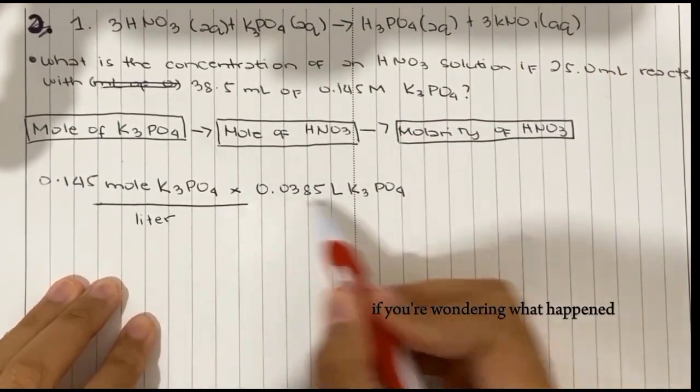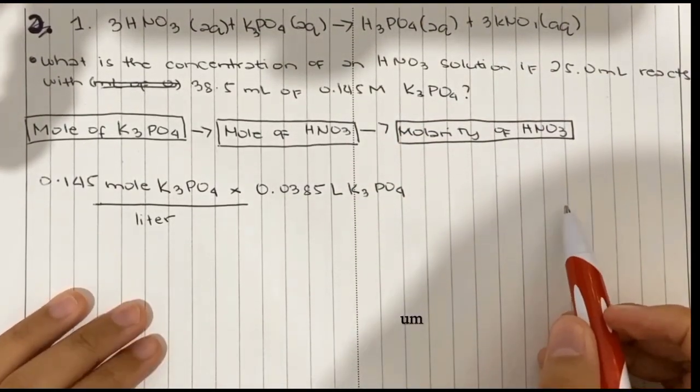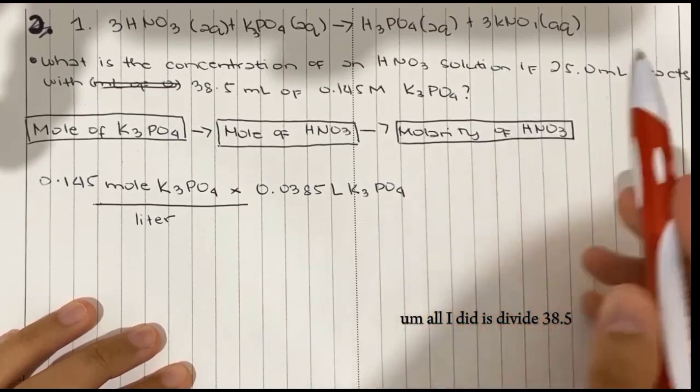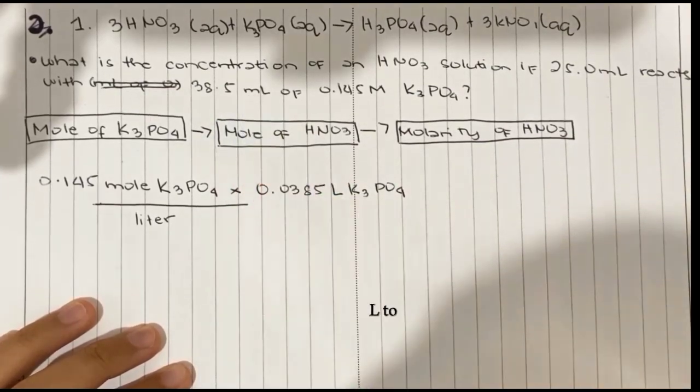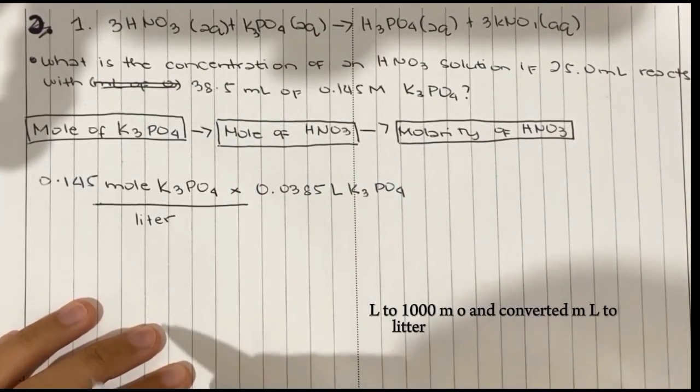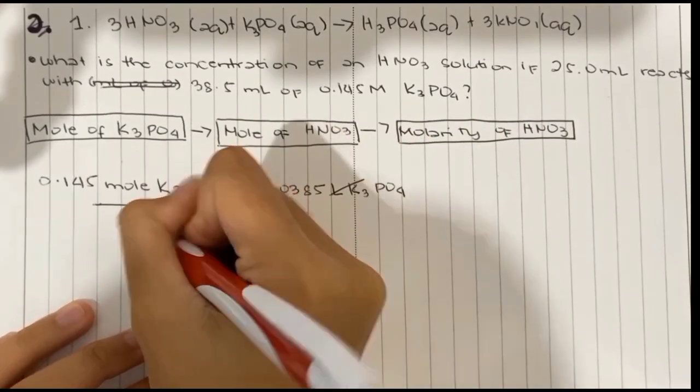If you're wondering what happened right here, all I did is divide 38.5 ml by 1000 ml and convert ml to liter to cancel liter right here.